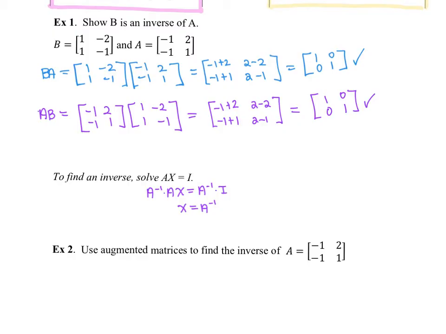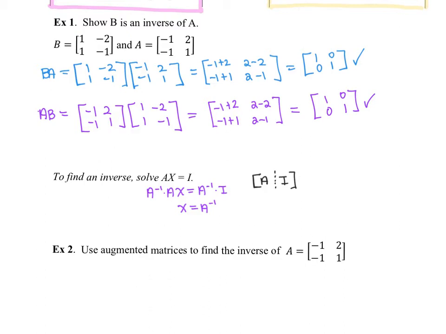So if I look at the original equation, it's A times X equals I. So I'm going to put matrix A on the left side. Since I'm trying to find what X is, where the equals is I put the augment, I'm going to put the identity matrix on the right.